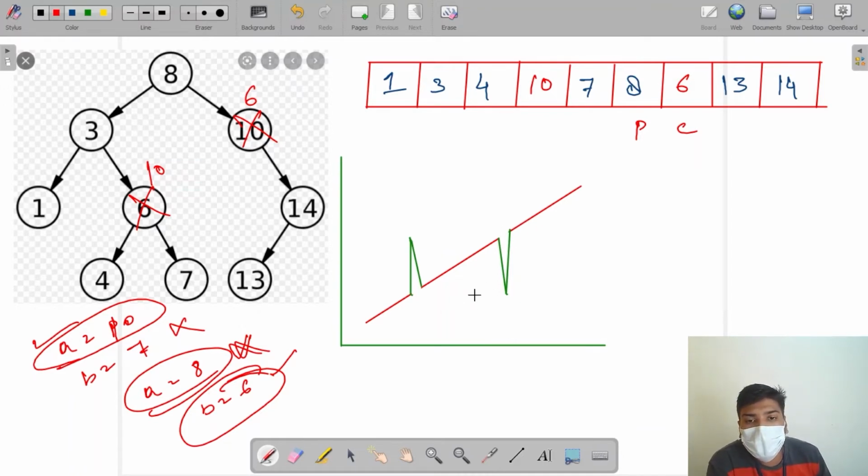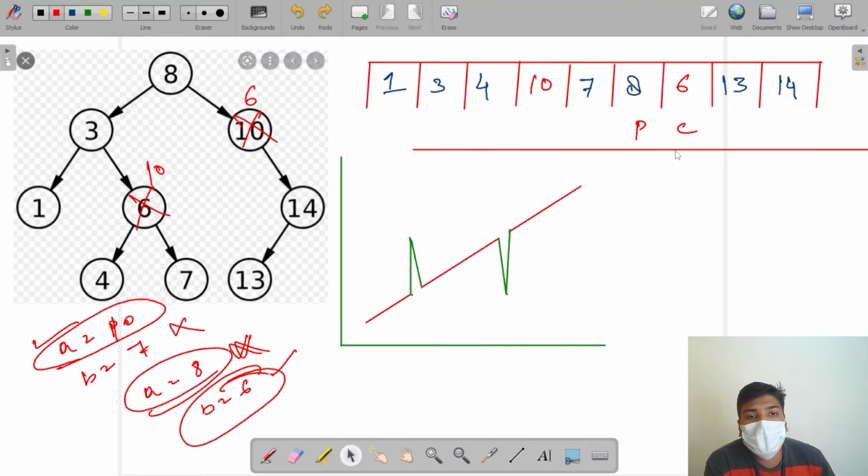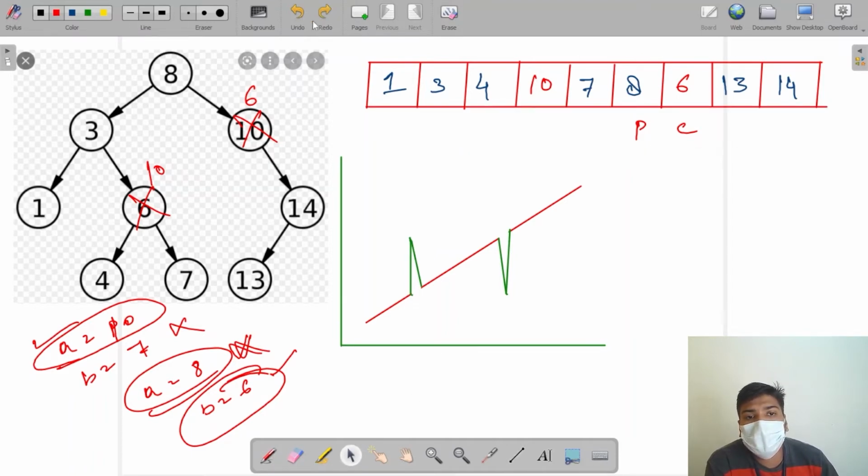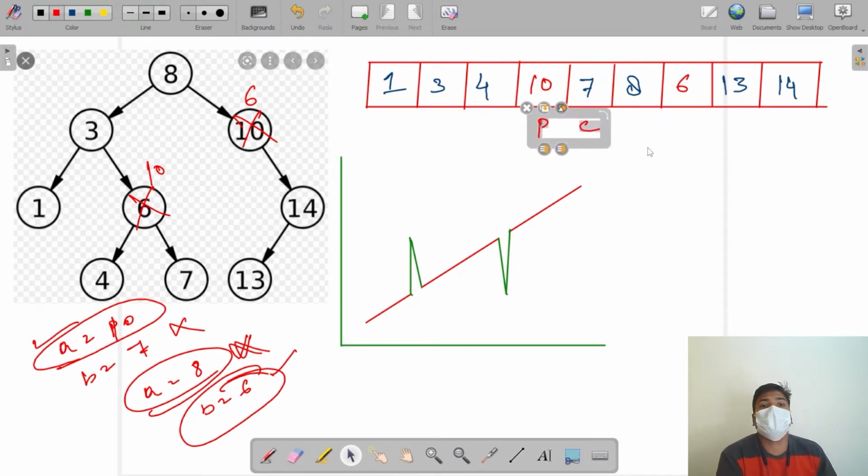So what you can do, you can think that when my p and c were here at this point, right? P is greater than c, right? At this point, when my p and c were here, you have to think that this is the first ambiguity place.